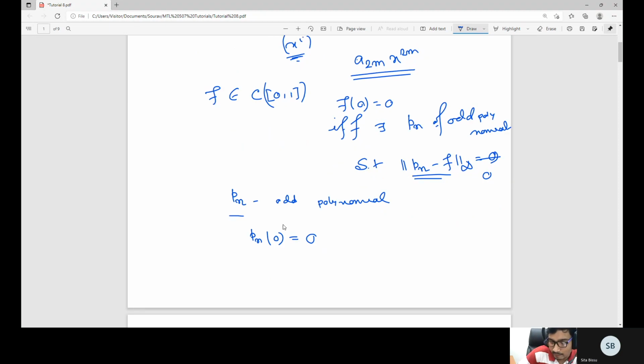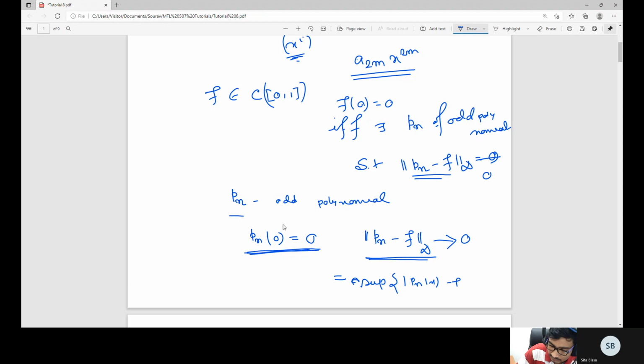Now suppose you have a sequence of odd polynomials, and suppose this converges uniformly to a function f. Okay, this is uniform. So what is the distance function here? This means the supremum of mod Pn(x) minus f(x), where x belongs to [0,1].